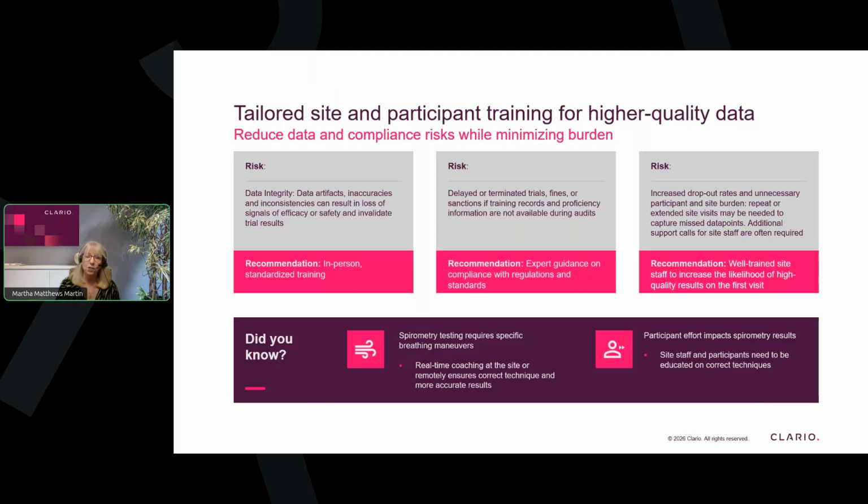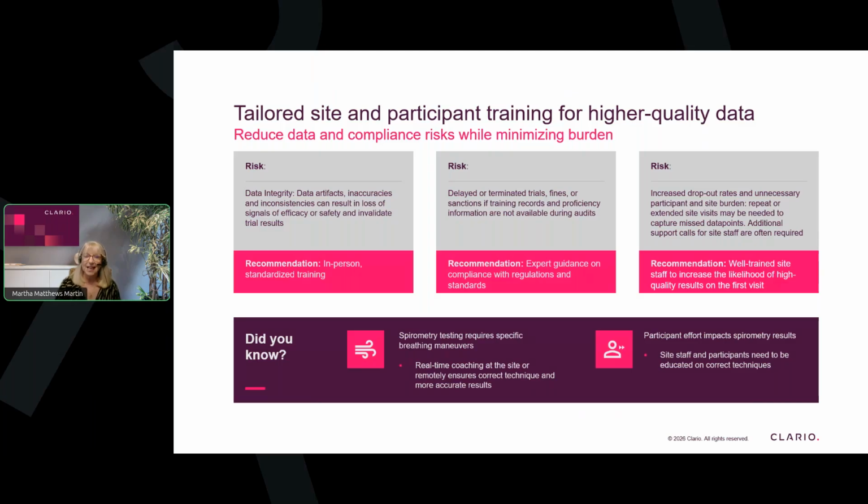But I'd like you to focus your attention on that bottom line, really getting that good high quality data is based on the relationship, the collaboration between the site staff who are performing the coaching and teaching the participants how to do the maneuvers correctly. It's really pivotal that they have a good relationship and that they are watching the participants' cues, as Kevin said, to make sure that they know that they're doing the maneuver appropriately each and every time.